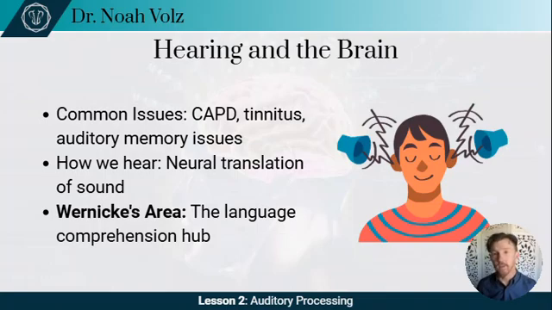So if you hear something, you have trouble understanding it or remembering it. And we'll also talk about how your brain translates sound into meaning. This is the Wernicke's area of the brain, and it deals with comprehension. And so the goal here is to enhance this part of the brain's function.